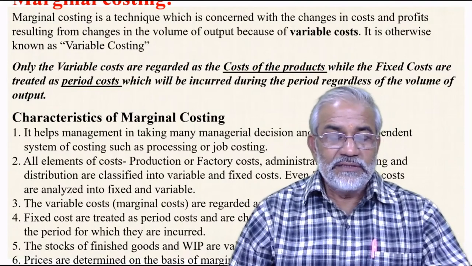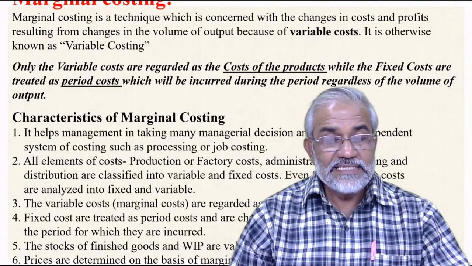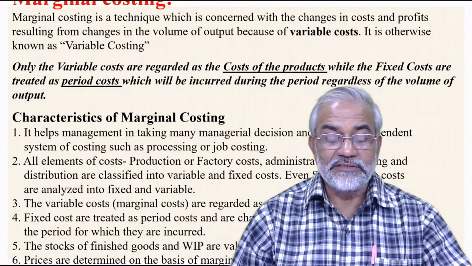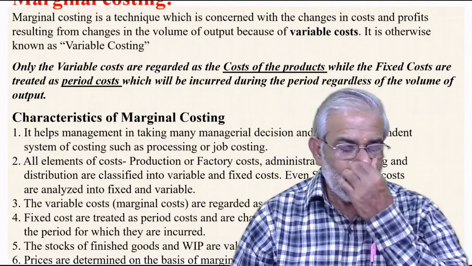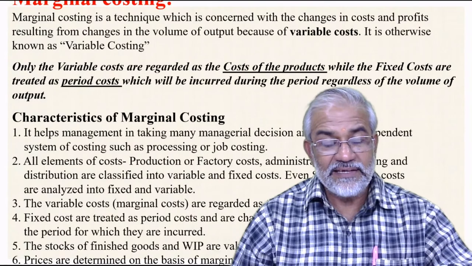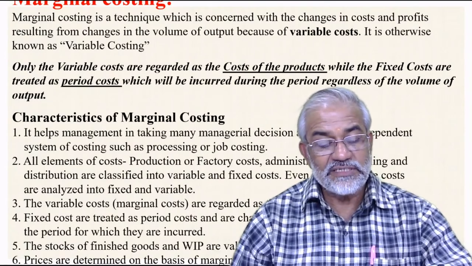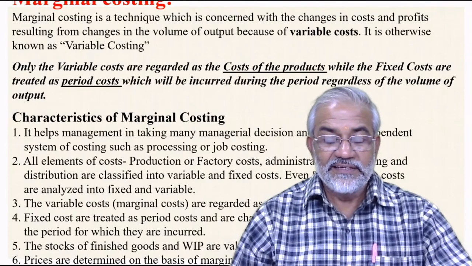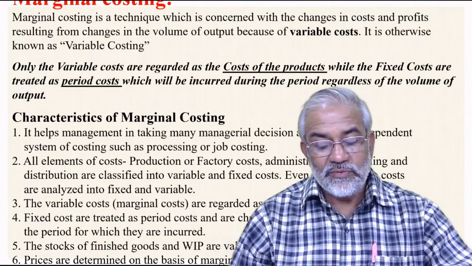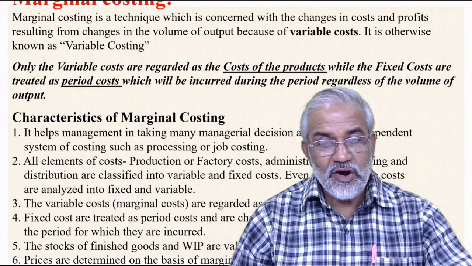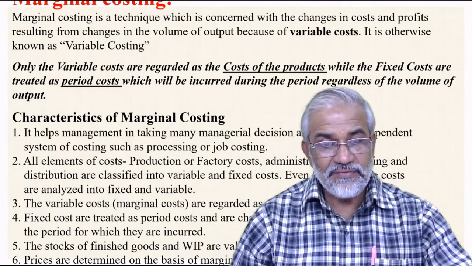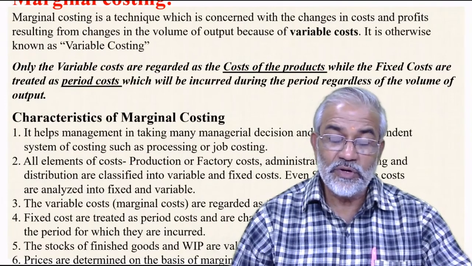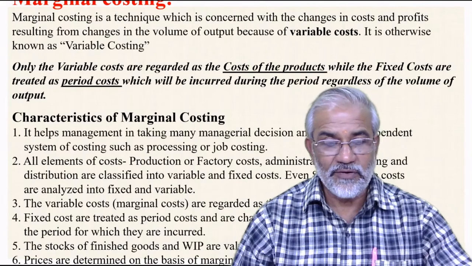Then the coffee shop owner has to decide whether this offer is to be accepted or not. Let us see. This decision we can firmly take, taking marginal costing into confidence. Here, we are at a stable position of selling 75 cups of coffee, whereby we are earning 200 rupees per day as profit.